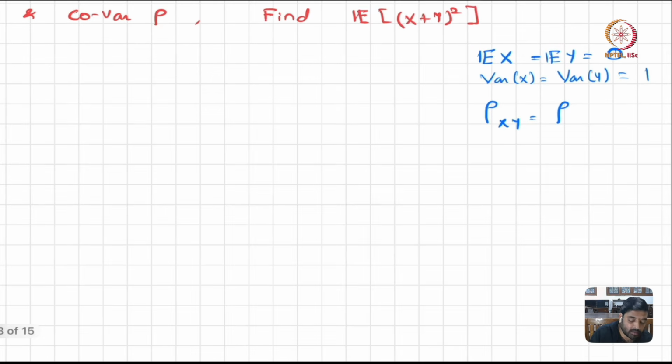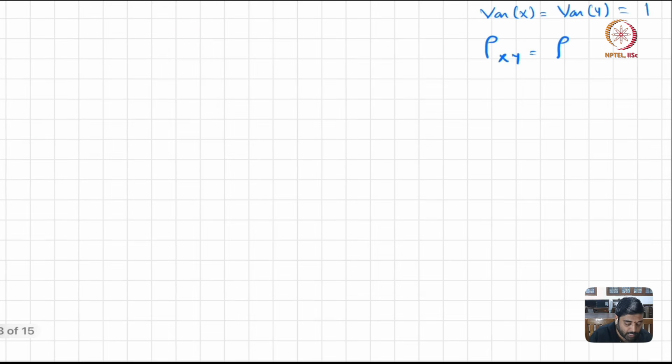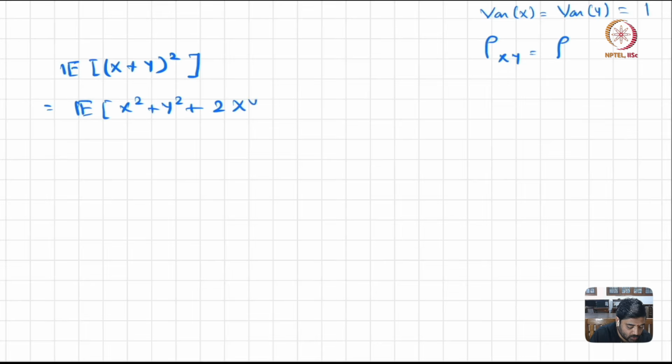Again, this combines all our ideas on expectations. Expectation of x plus y whole square is expectation of x square plus y square plus 2xy. This is expectation of x square plus expectation of y square plus 2 into expectation of xy.